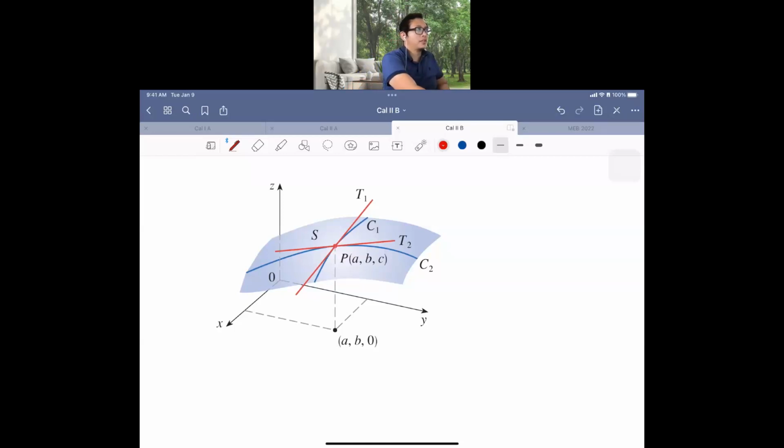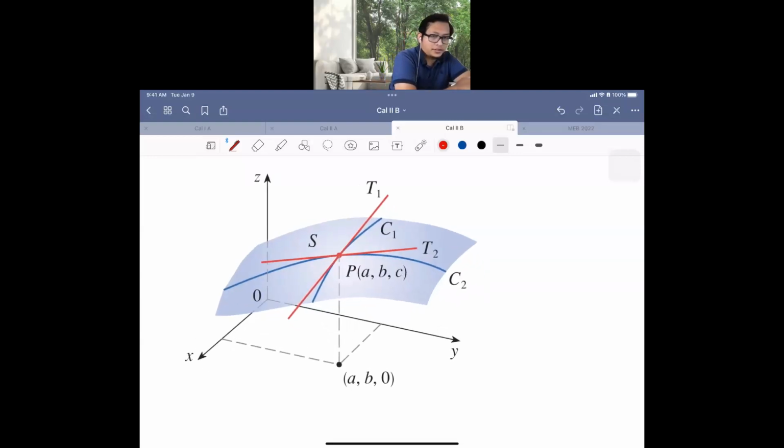So how to make it into our understanding? The blue, or it seems a little bit purple, this is the surface.